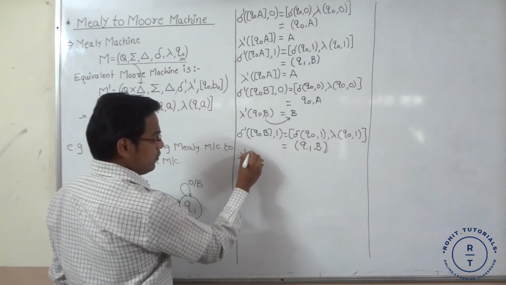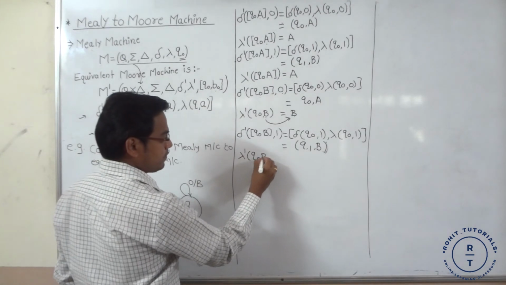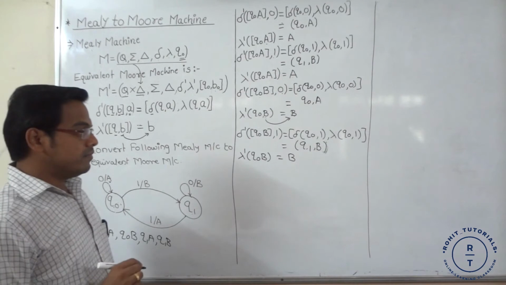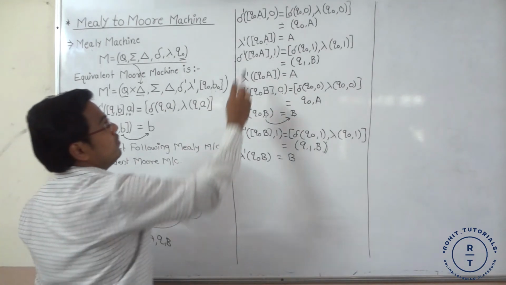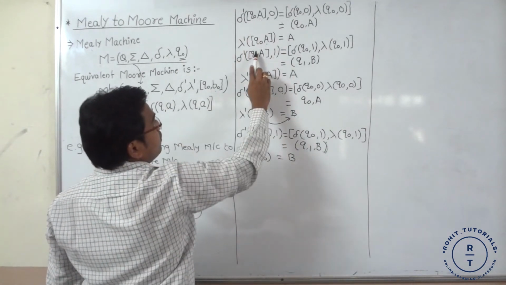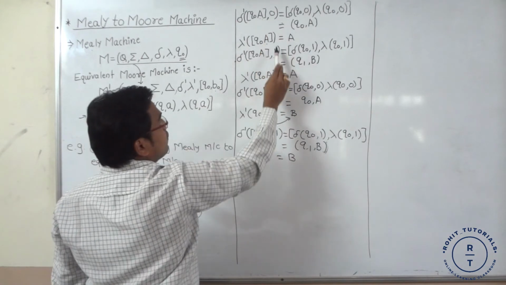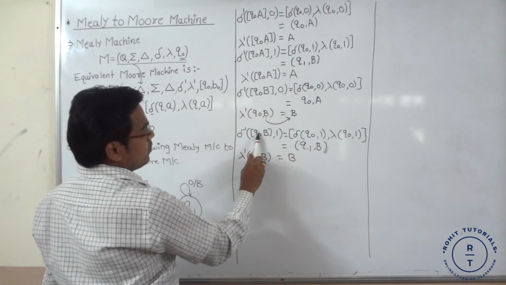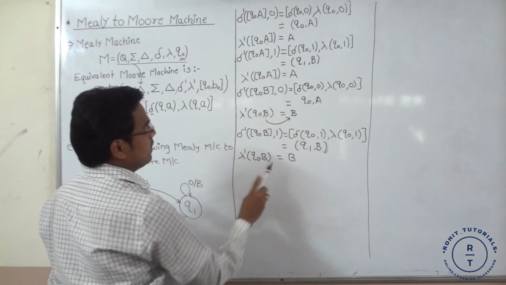Next is lambda dash Q0B, it is equal to capital B. Now Q0 state A output for that 0 1 is completed. Q0 state B output for that 0 1 is completed.